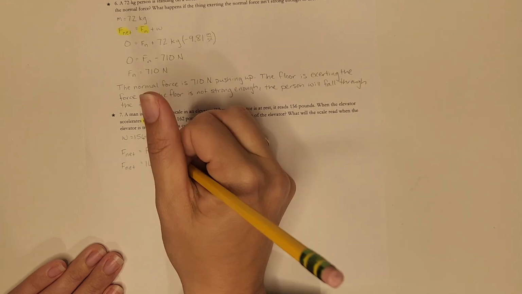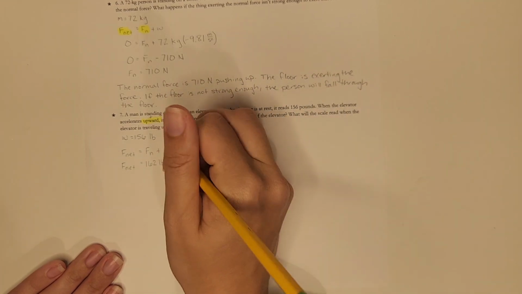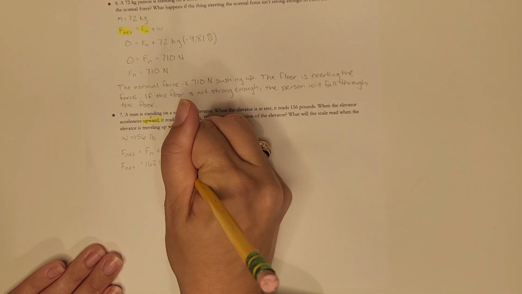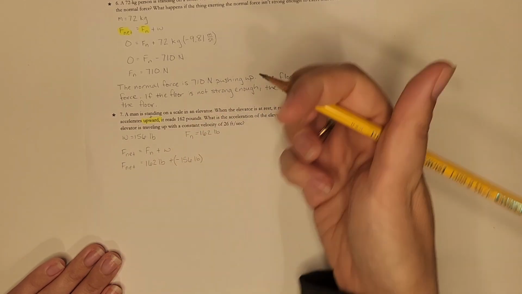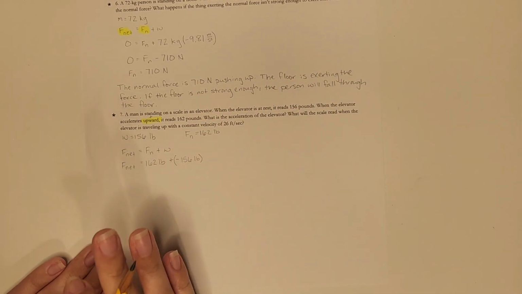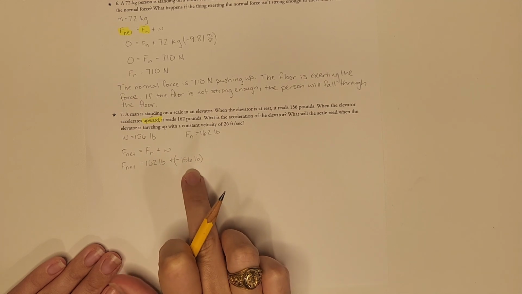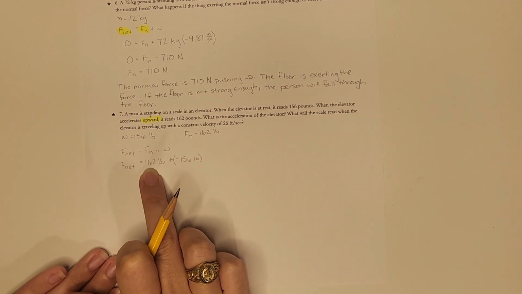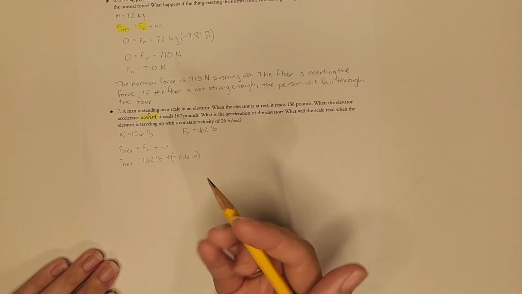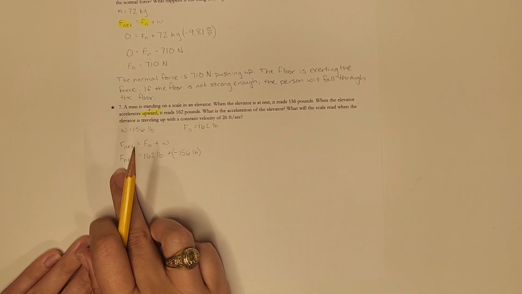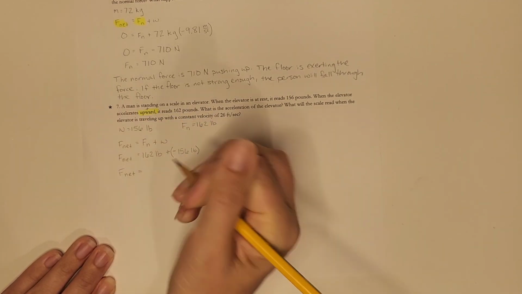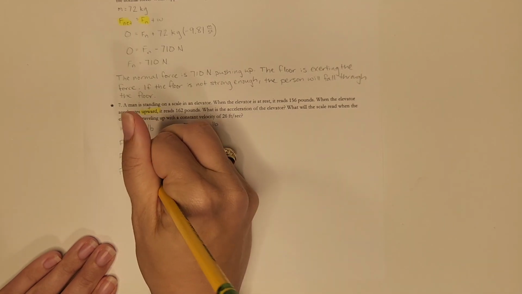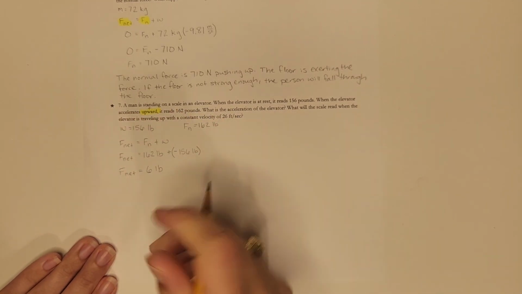And so in this case, our weight is going to be a negative 156 pounds. So the weight is pushing down, this normal force is pushing up, and so this one has a negative and this one is a positive. Then that net force is going to be 6 pounds.